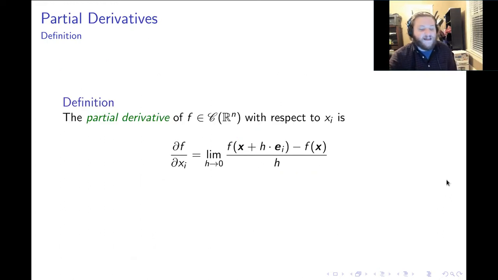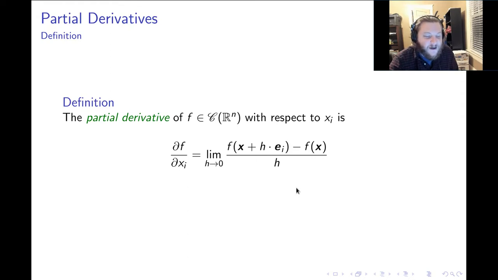So this gives us the definition of a partial derivative of a scalar field. So the partial derivative of a scalar field with respect to the ith input variable is notationally defined as curly df divided by curly dx sub i. And just like in single variable calculus, the definition involves taking a limit of difference quotients. This is the limit as h approaches 0 of f of the input vector x plus h times e sub i minus f of the input vector x, all divided by h.